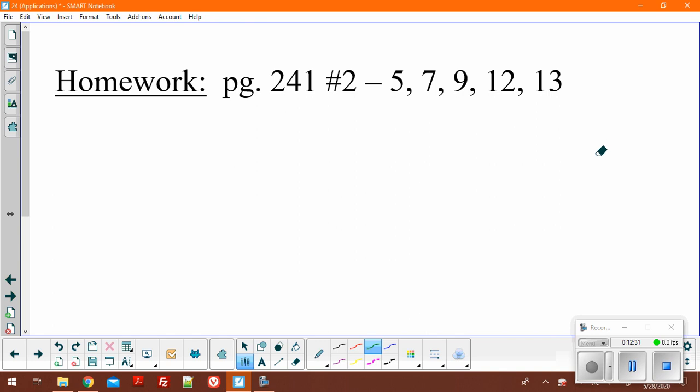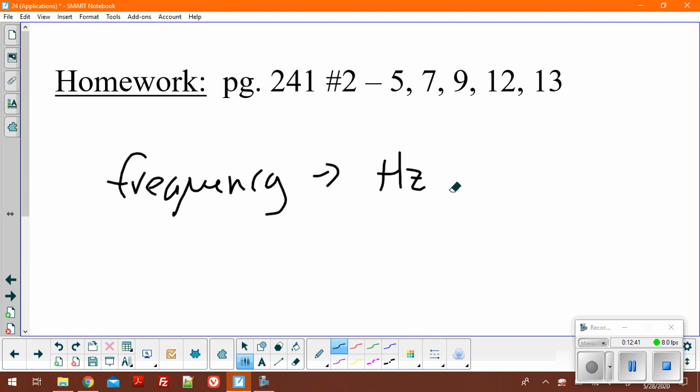One thing I just want to note, if you're having a look at some of these, is that sometimes they describe the frequency in hertz, and they give you that information instead of the period. The relationship between period and frequency is that the period of a function is 1 over the frequency.